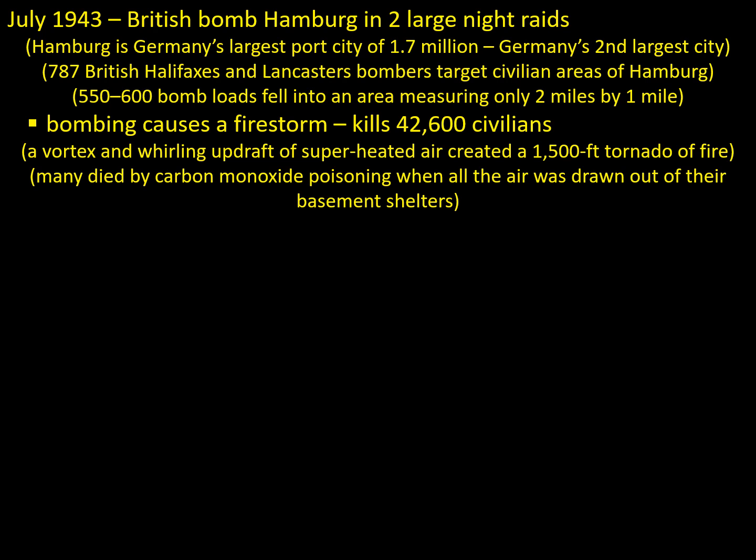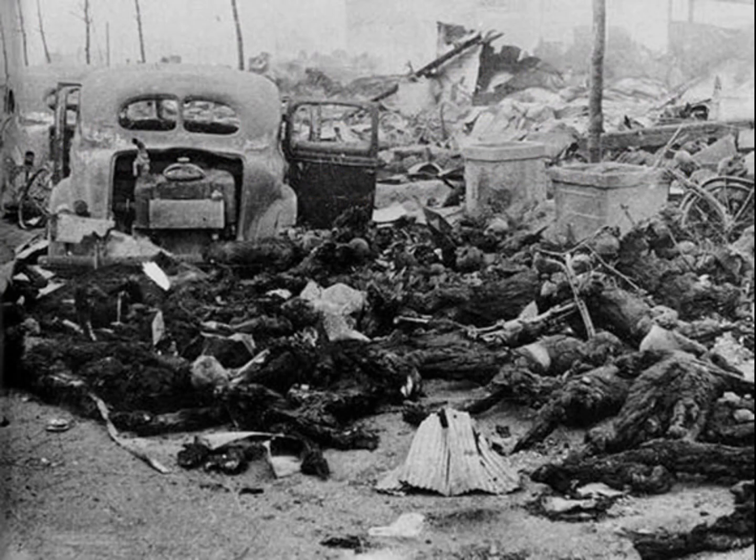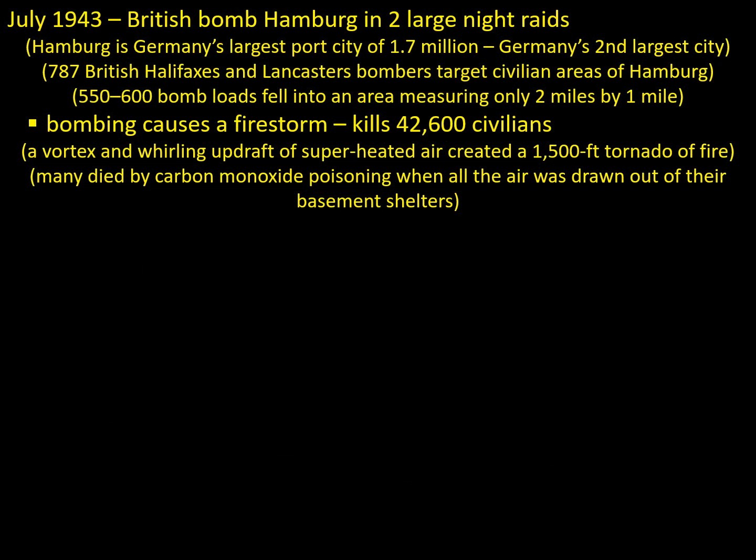Many died by carbon monoxide poisoning when all the air was drawn out of their basement shelters. Here we see a photograph of German citizens who had been killed by the bombings and their bodies charred. It damaged 80% of the city.